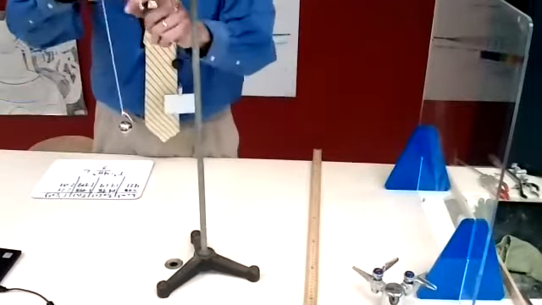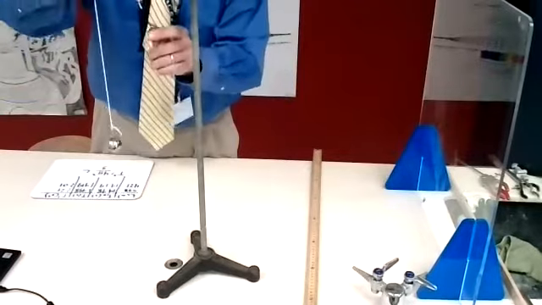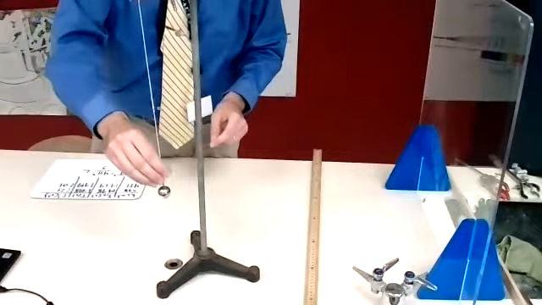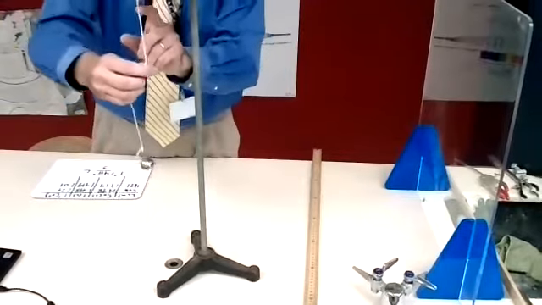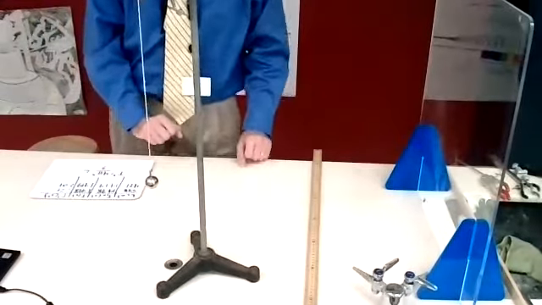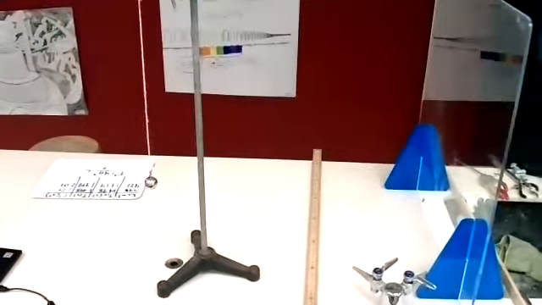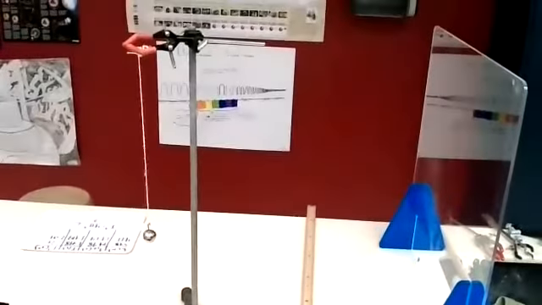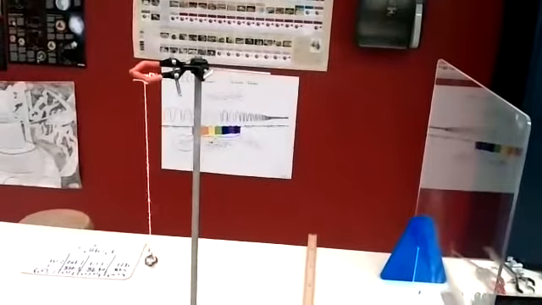I'm going to go ahead and decrease the length of the pendulum string a bit more. A bit more than that even. All right, so now I've got a shorter length of string.